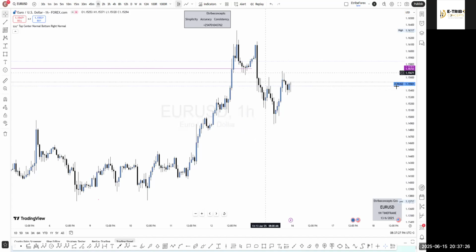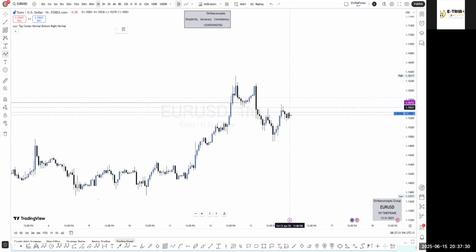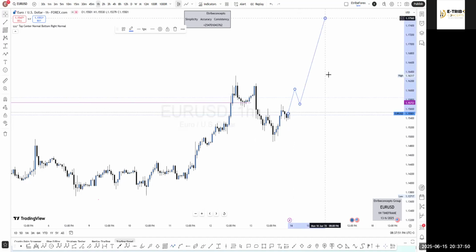So as far as I'm concerned, I'm expecting a reaction like this. Guys, sometimes we do this weekly live breakdown and sometimes we don't, but I'll try to share the setups, so be attentive so that you know what you're looking at and what to expect. For me, expect price to react a little bit higher, then drop, form some liquidities, then enter into the buy. So that's my view on EURUSD.